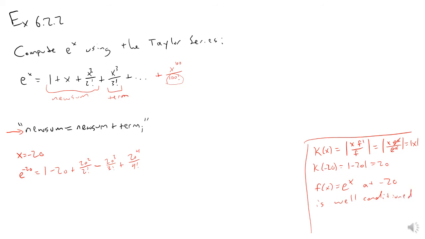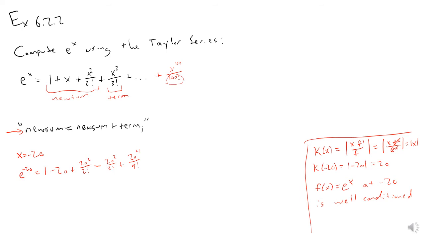Okay, so if the book is telling us that we run this algorithm for x equals negative 20 and we get an answer that's only accurate out to 8 decimal places, the problem doesn't lie with the function itself. The function itself at negative 20 is well conditioned. So now we need to think about where we could be running into issues with our algorithm.